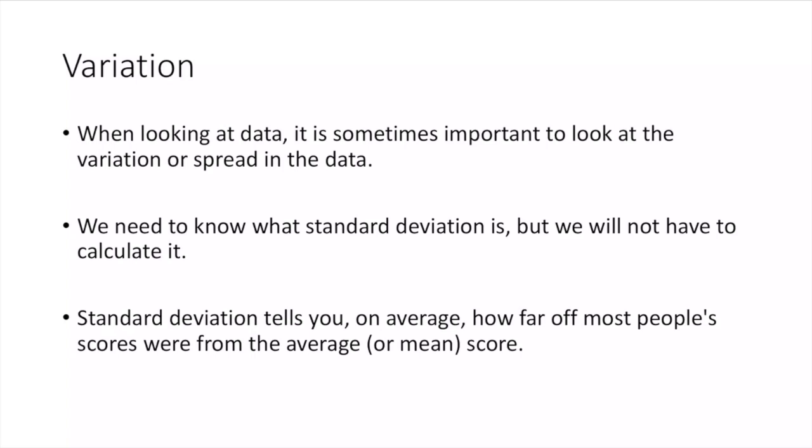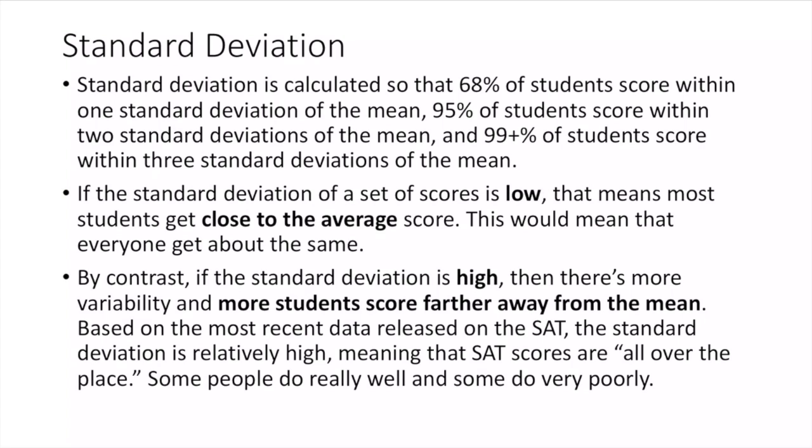Standard deviation tells us, on average, how far off most people's scores were from the average. If the standard deviation is low, this means that most students' scores were close to the average, so there was not a big spread in the data.